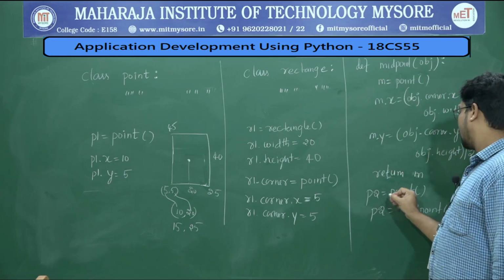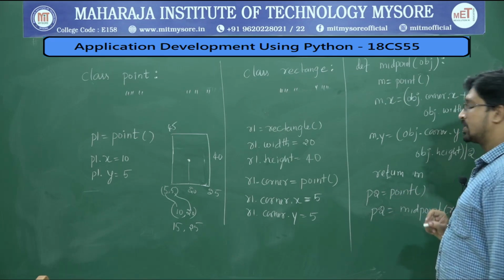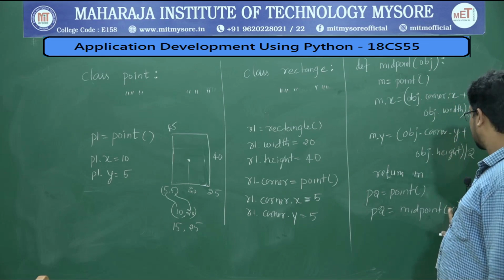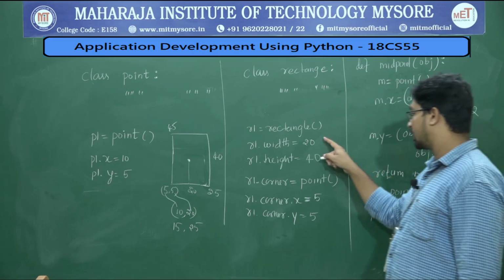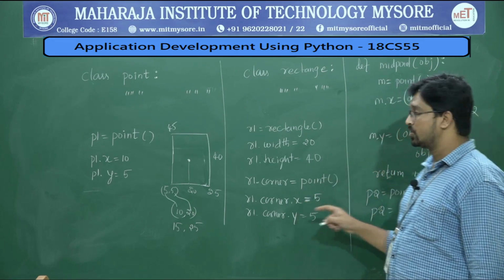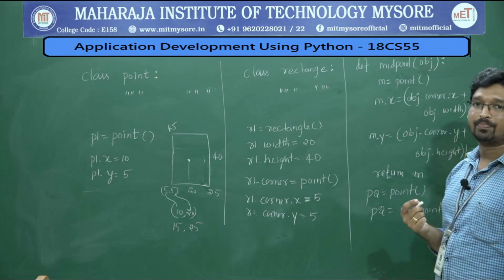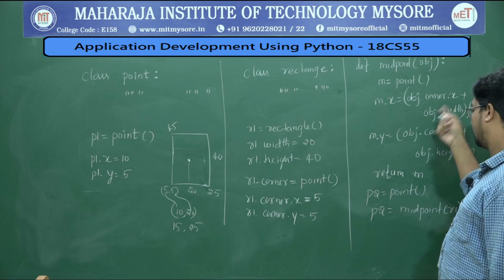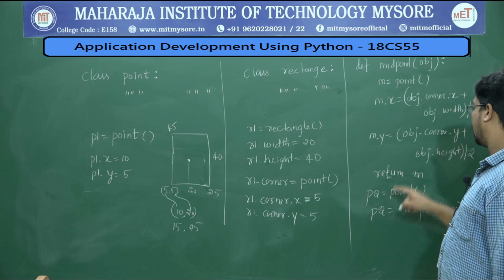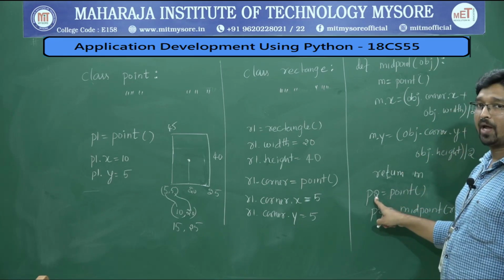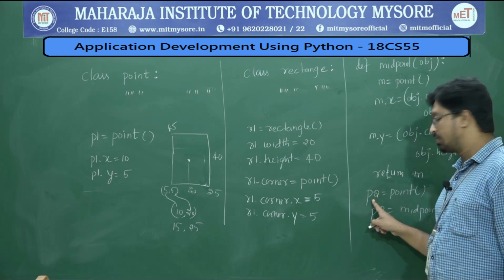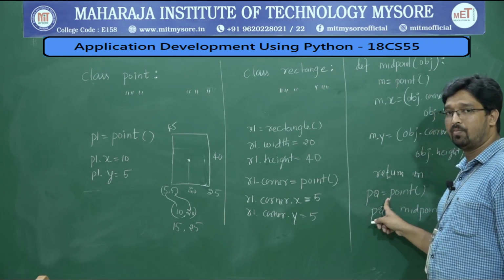Then the R1 object is passed to the midpoint function, it will go to midpoint. What is the R1 information? It has width and height and a corner information, which will be passed to the midpoint. Then the calculation is done and it is returned back to P2. The return data type should be whatever it has received back.